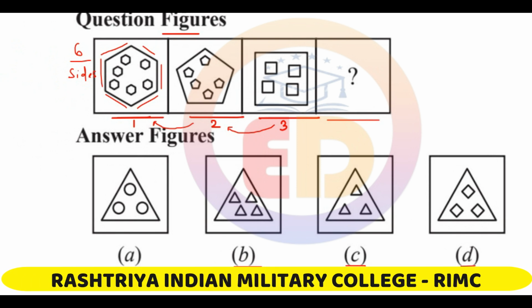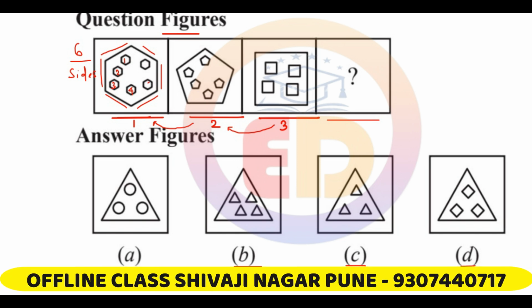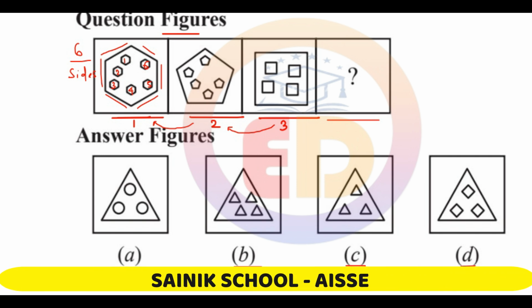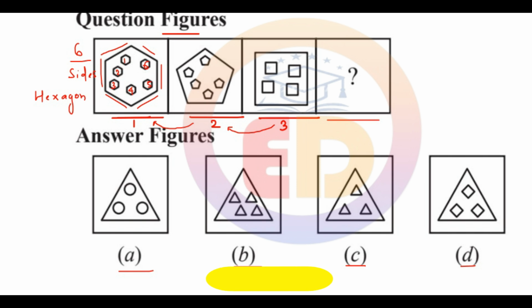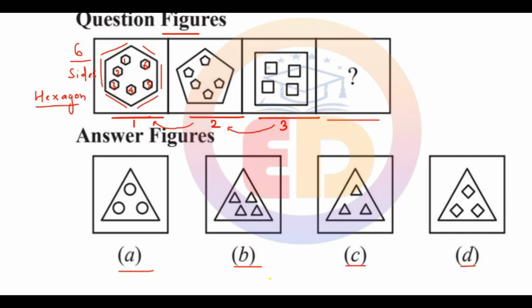So you count them: 1, 2, 3, 4, 5 and 6. Now this is a polygon having 6 sides. It is a hexagon. So outside it is a hexagon, and inside also there are 6 hexagons.